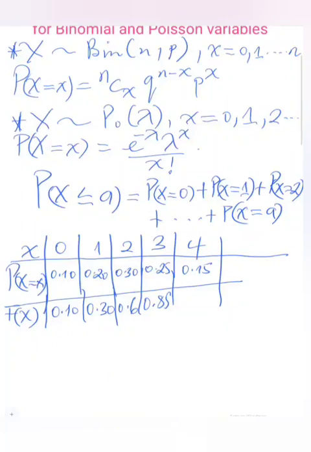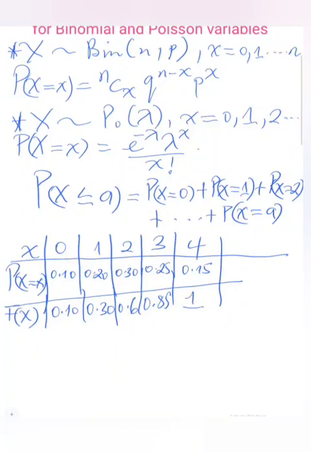You would recall that for any random variable, the sum of all the probabilities should give 1. So I expect that the cumulative probability value of 4, which is the last value that the random variable can take, should be 1. And it actually confirms, because when I take the cumulative probability value of 3, which is 0.85, and add the probability of 4, which is 0.15, I now get 1.